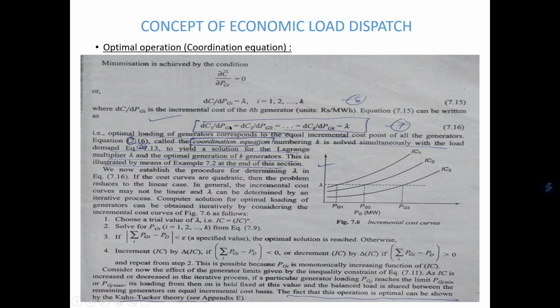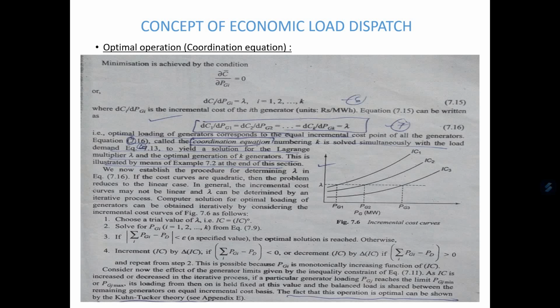That is, dC1/dPg1 = dC2/dPg2 = ... = dCk/dPgk = lambda, where dC1/dPg1, dC2/dPg2, etc. represent the incremental fuel cost of each generator. So from this equation we can say that optimal loading of generators corresponds to the equal incremental cost point of all the generators.